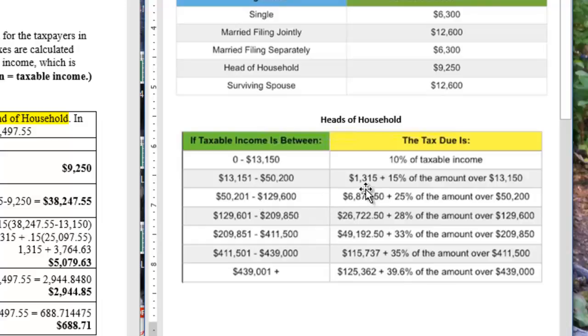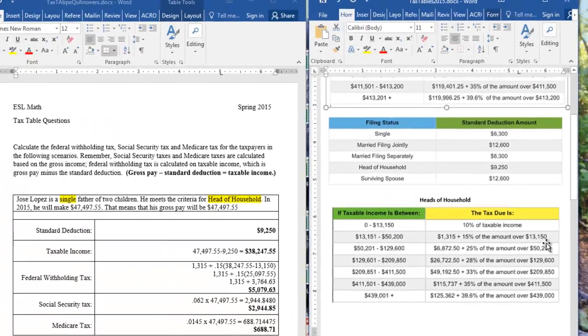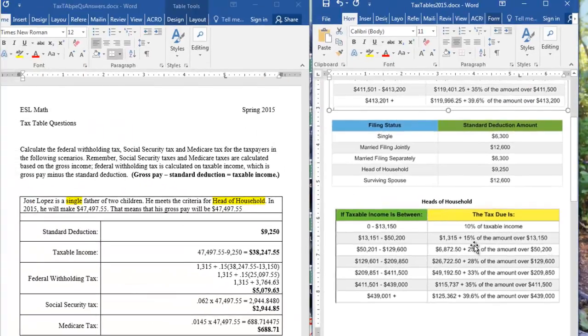It's $1,315 plus 15% of the amount over $13,150. That means that I have to find the difference between $38,000 and $13,000.